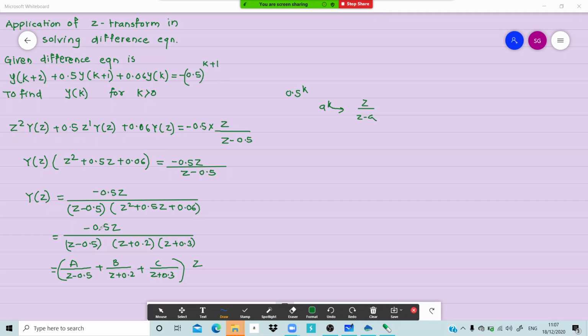Now you know why we are taking z out: after taking the inverse, it becomes easy for us, right? That's why keep this z aside and try to get the values of this A, B, C, so that it will be easy for us to take the inverse. Just a minute.